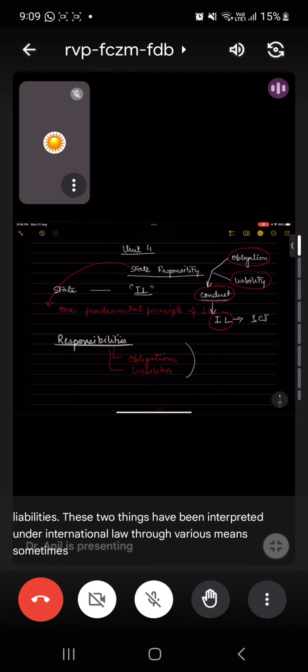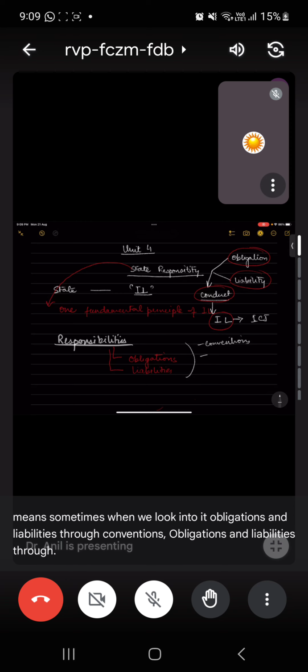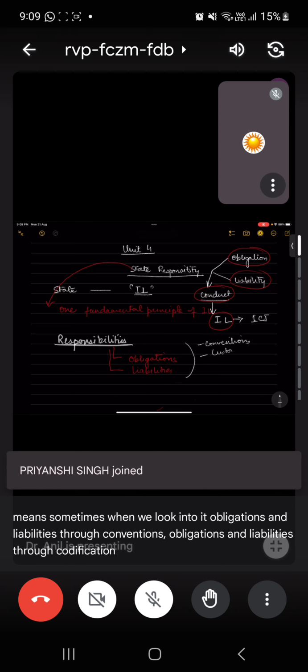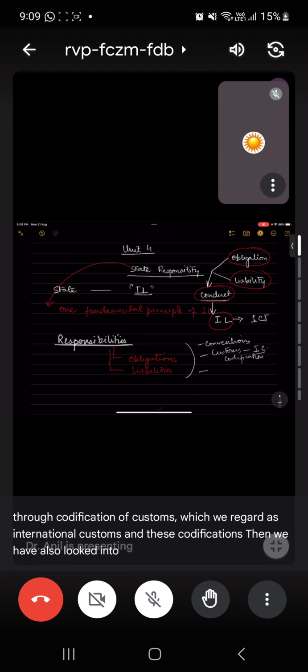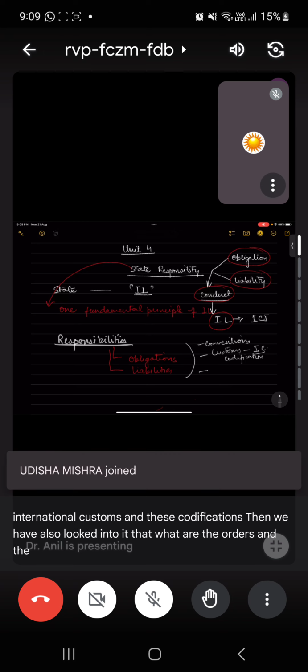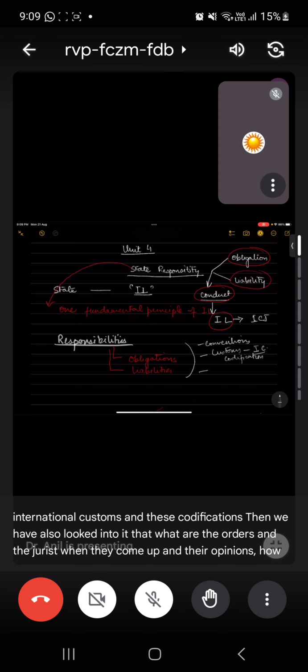These two things have been interpreted under international law through various means. Sometimes, we look into obligations and liabilities through conventions, obligations and liabilities through codification of customs, which we regard as international customs, and these codifications. Then we have also looked into what the orders of courts and the jurists' opinions are, and how they are being regarded.